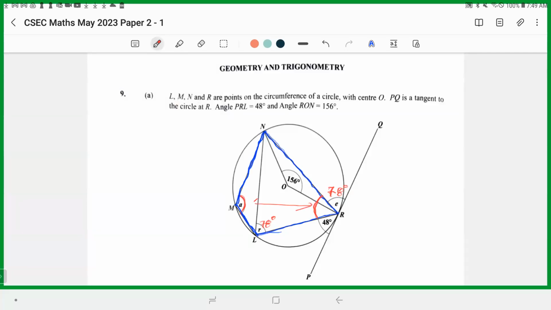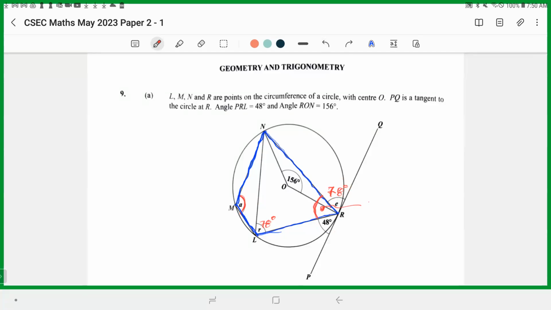Those two angles add up to 180 degrees, because they are opposite angles in a cyclic quadrilateral. So if we can find this one in here, then 180 minus it gives us this one over here. What is this one in here equal to? It is 180 minus the sum of these two angles, because the total angle on a straight line is 180 degrees.